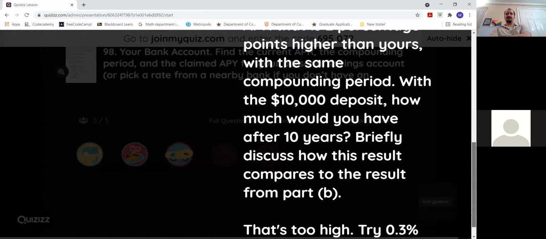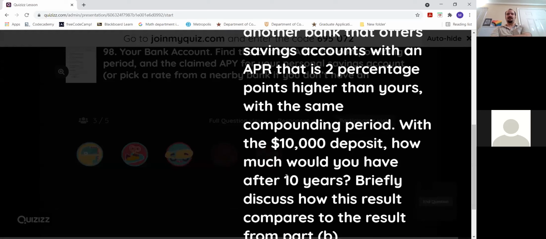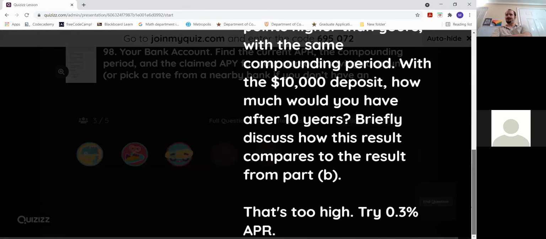Okay, so doing the same thing we've been doing. 10,000 is my principal. Do 1 plus my APR here, which is now 0.3, so it should say 0.003. I am doing this monthly, so my N should be 12. My N is 12 again up there, and I want to do it for 10 years.